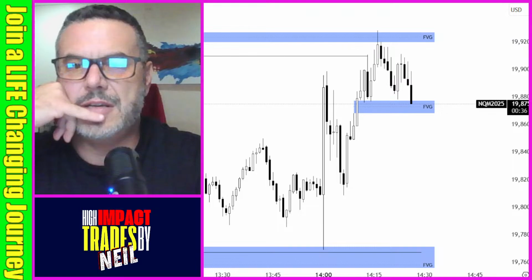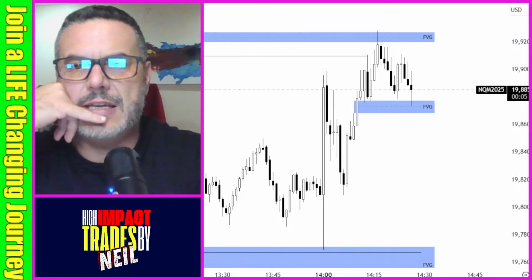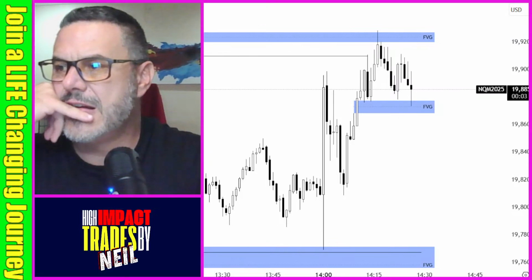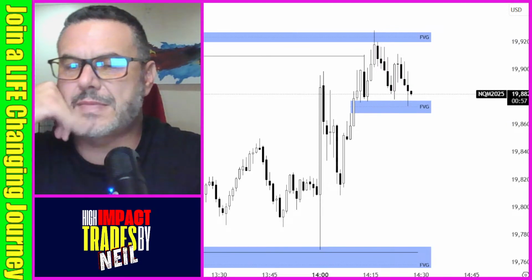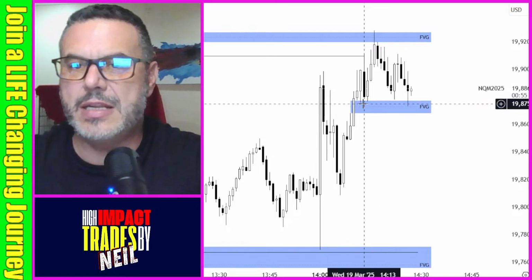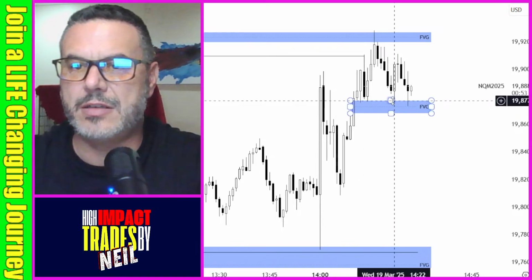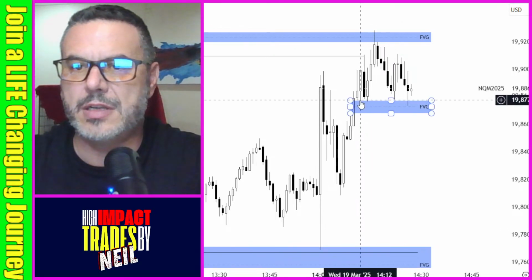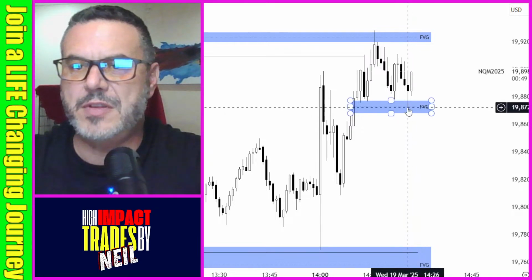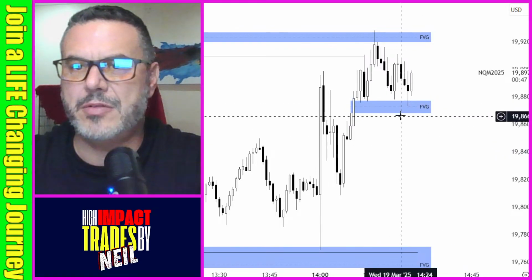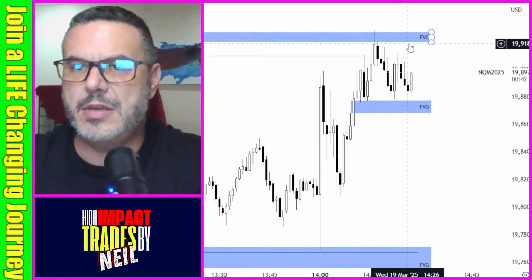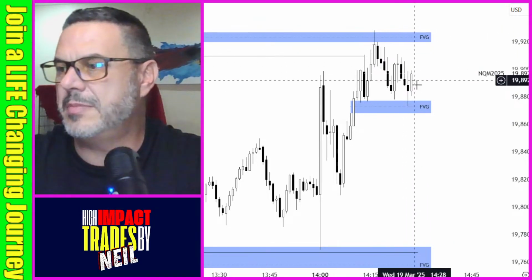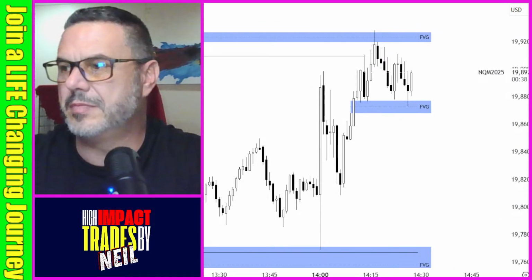Okay, so we're getting there, bouncing there. And now what we've done is we literally ran those little lows, liquidity, right to the 50% of that fair value gap and reject. So maybe this is telling us we could take this high up there again.